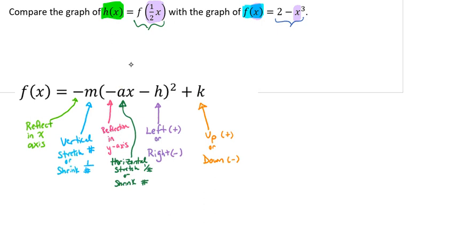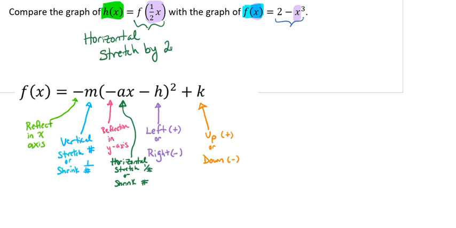Because we have this 1/2, I'm going to circle that in green. Because we have that 1/2, we should expect to see a horizontal change. Now it's a fraction, and it's smaller than 1, and so that means it's going to be a stretch by a factor of 2.